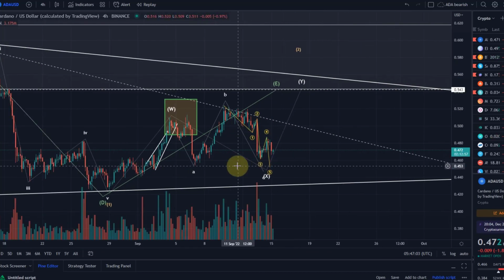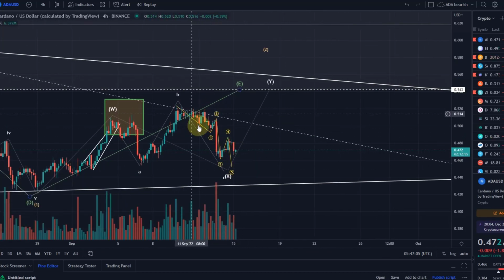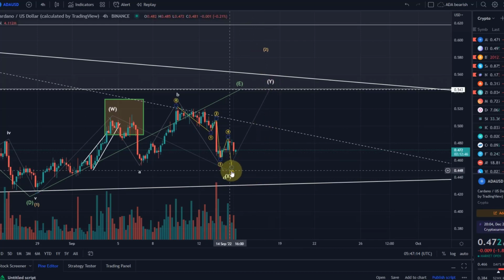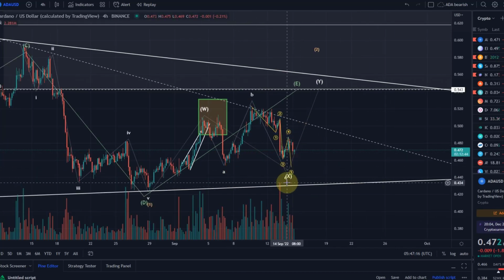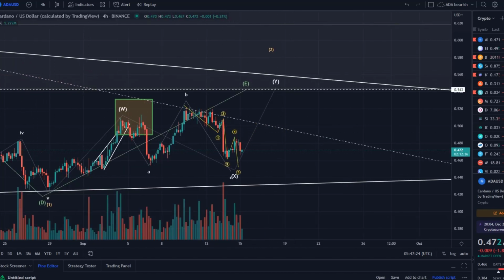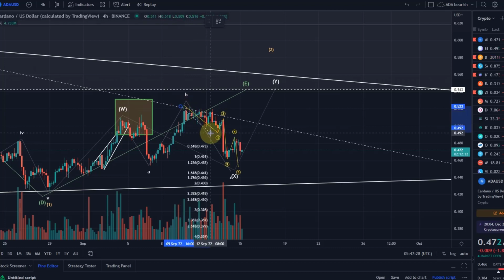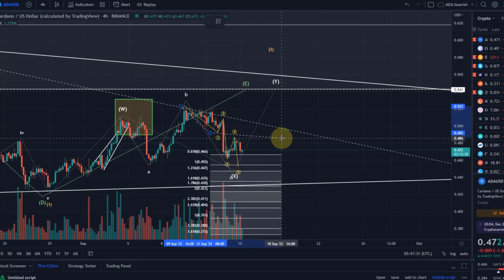So ideally I would expect now another move down here in 5 waves, so that we can complete a wave C in a wave X, and then I would expect the move up in a wave Y. That would be ideal. We could come down here maybe to the support level of the ascending trend line, around 43 cents. Possible, but if we measure the length of the wave 1 and add it to the high of the wave 4, we'd be looking at the 1.618, 43.5 cents.